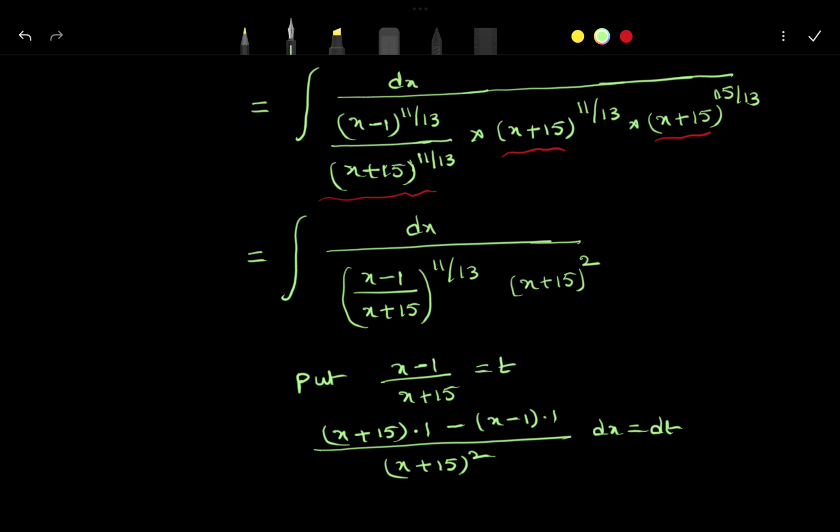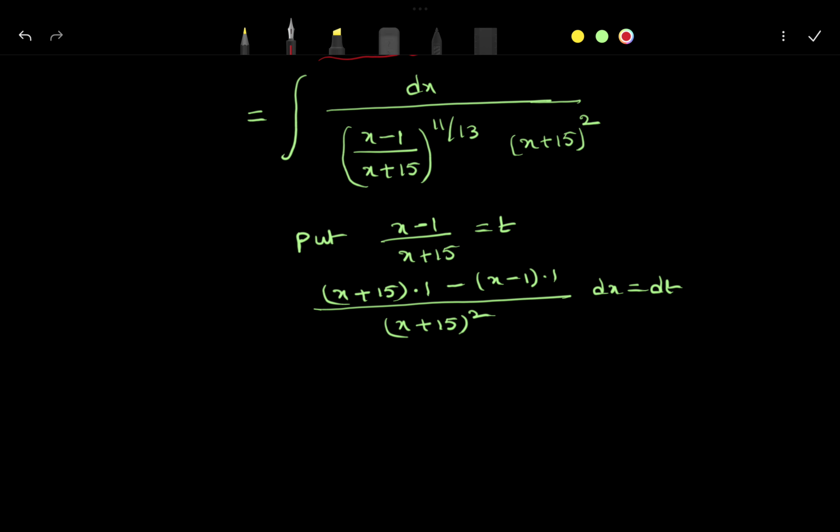Now solve it. In the numerator, minus x and plus x cancel, and 15 plus 1 is 16. So this result is 16 by (x plus 15) whole square into dx equals dt.